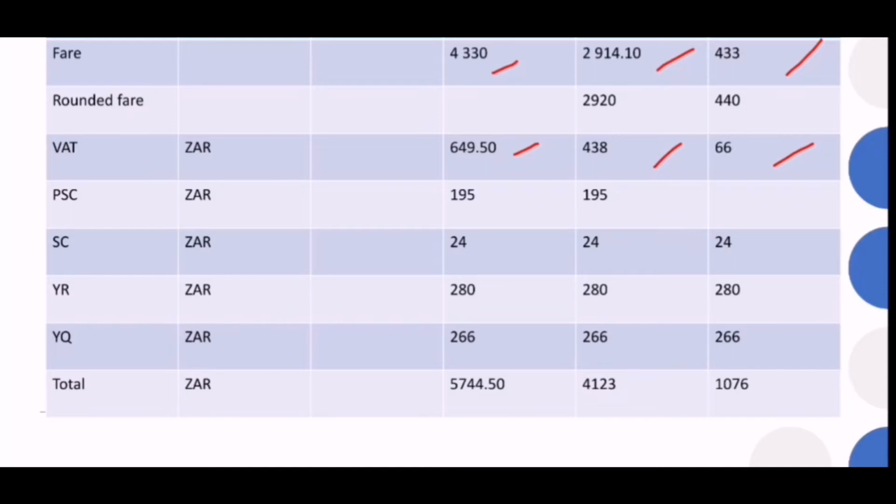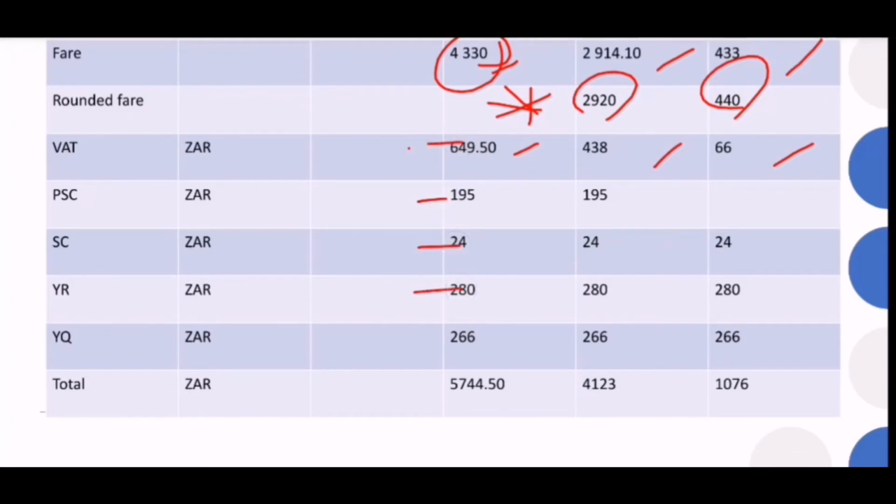Then from there we add up all the costs. So we add up the rounded fare in cases you did round off your fare, or your fare in cases where you have nothing in this box, right? Then you add up all the taxes.